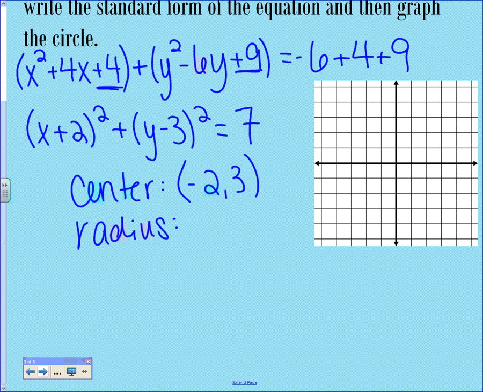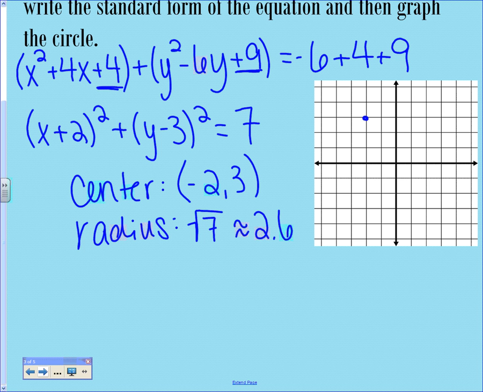Square root of 7, which is approximately 2.7? 2.6? Okay. So we go to our center, negative 2, 3.